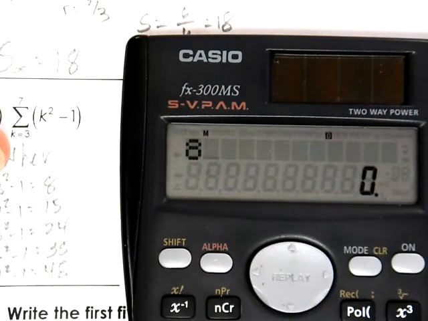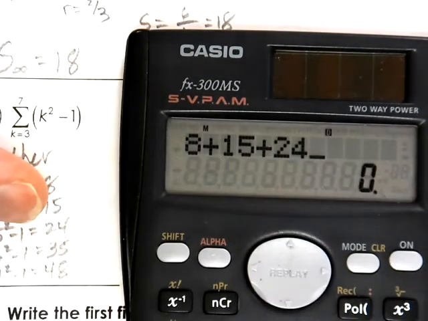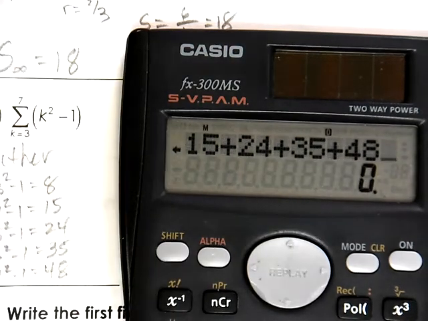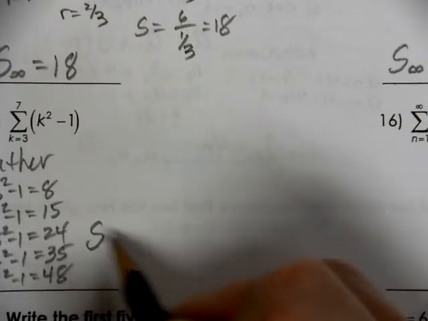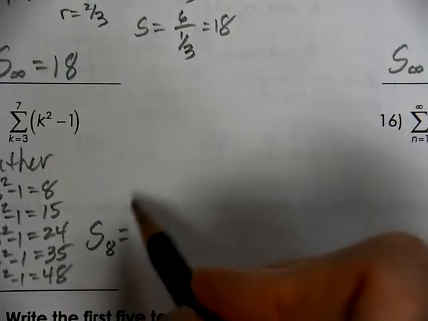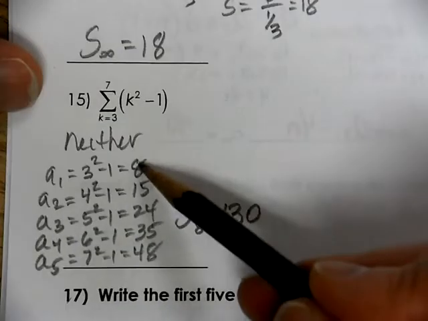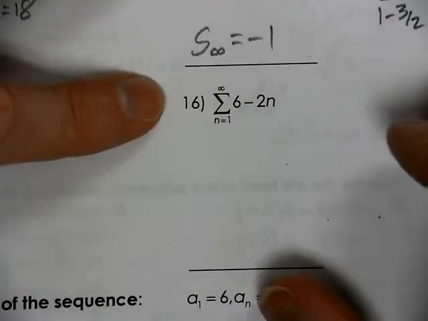So we take our 8 plus the 15 plus the 24 and the 35 and the 48. So the sum of our terms is 130. And that's by adding up each of our terms. There's no formula we can use.